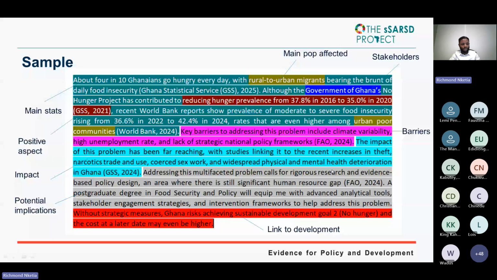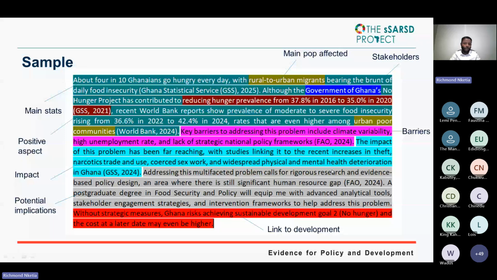So narcotic trade and use keeps going up. People still trade in sex as a means of survival, and people still are battling with mental health issues.